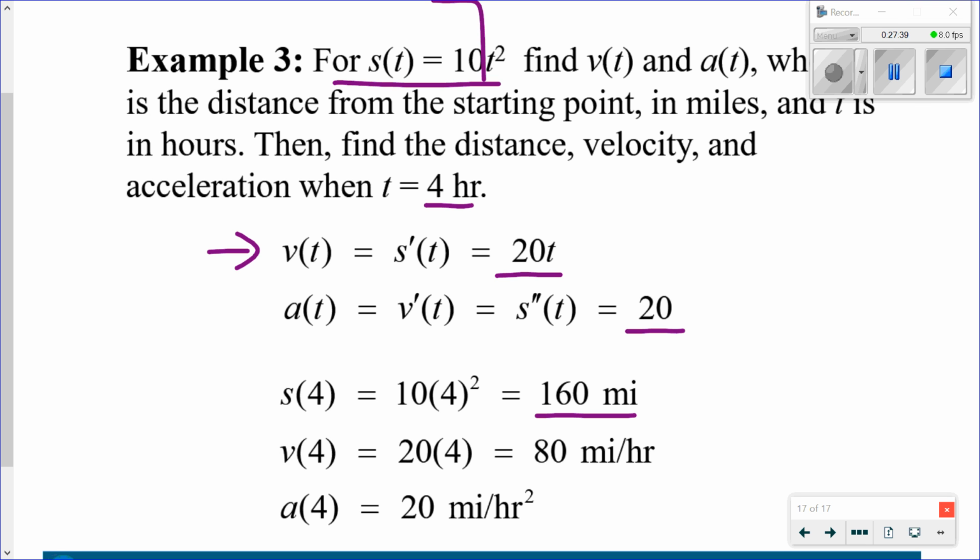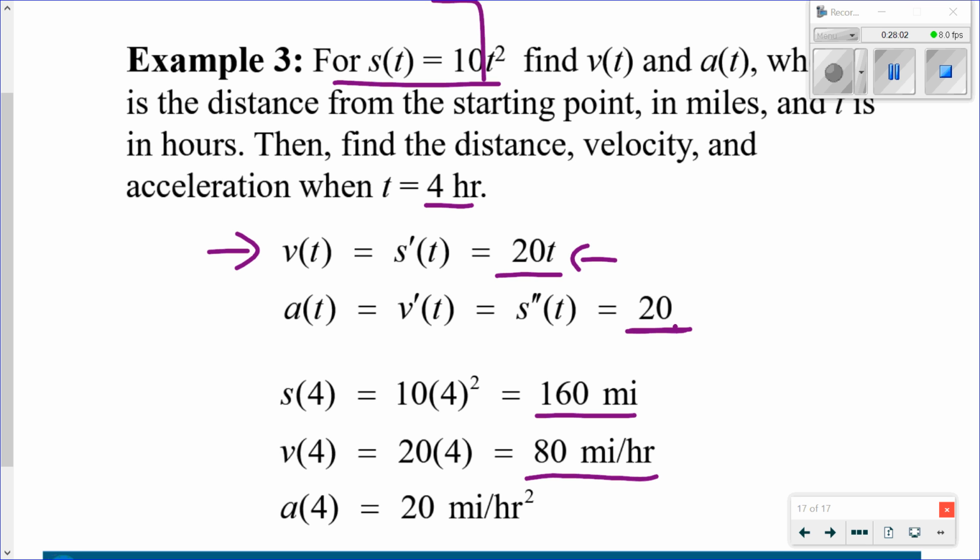My velocity, I have to put that into this 20t, so 20 times 4 means I'm going at that moment 80 miles per hour. And my acceleration, well, that doesn't have a variable in it, so I am accelerating at 20 miles per hour squared.